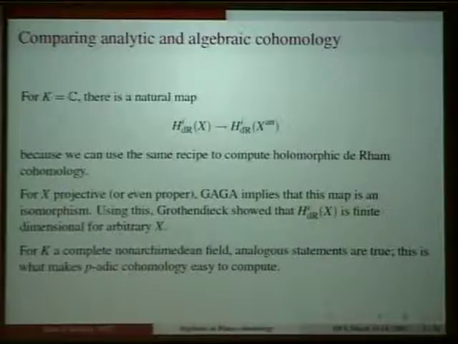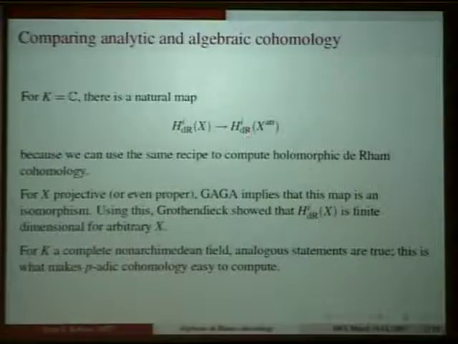And using that, Grothendieck showed that this de Rham cohomology is actually finite dimensional even if X is not proper. I mean, that follows from having this arrow because analytic de Rham cohomology is finite dimensional by, say, Cartan's theorem. But you get it also in the algebraic situation, and not just for projective things. You also get it, say, for affine things.